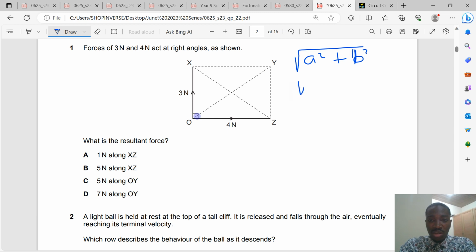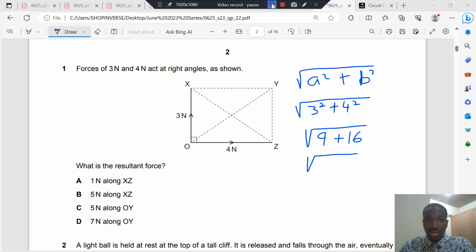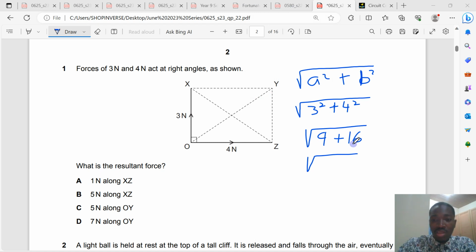Let's take the first force as the 3 Newton. That will be 3 squared plus 4 squared. What are you going to get? 9 plus 16, because 3 squared is 9 and 4 squared is 16. 9 plus 16 gives you 25, and the square root of 25 gives you 5.